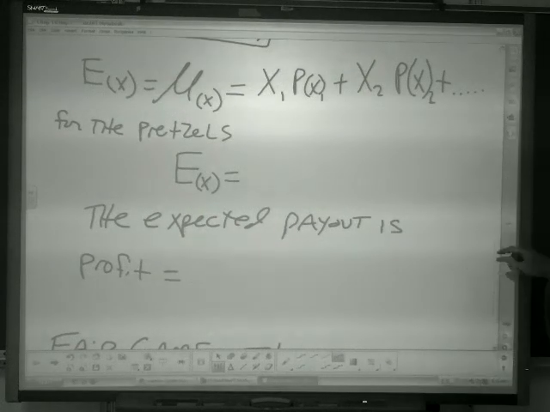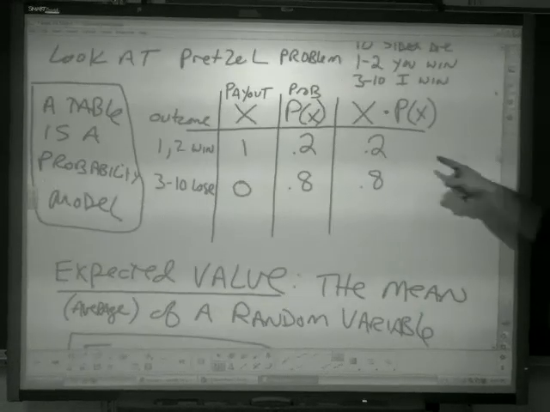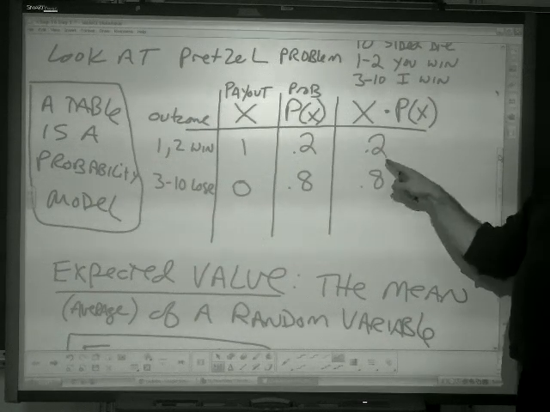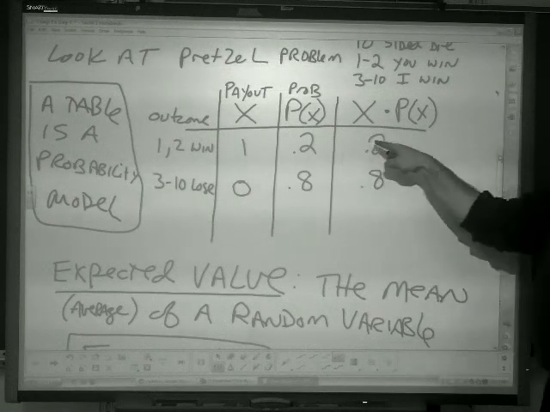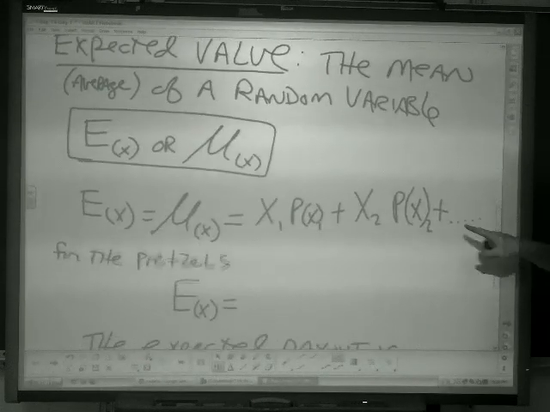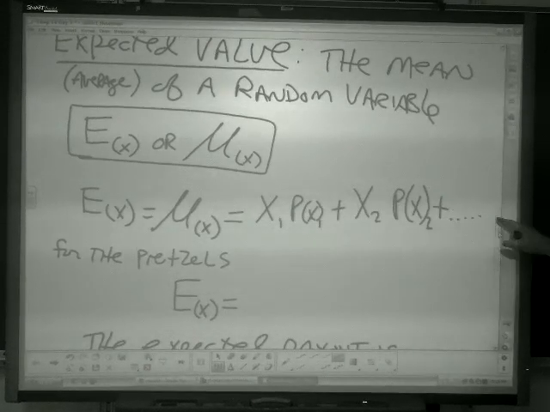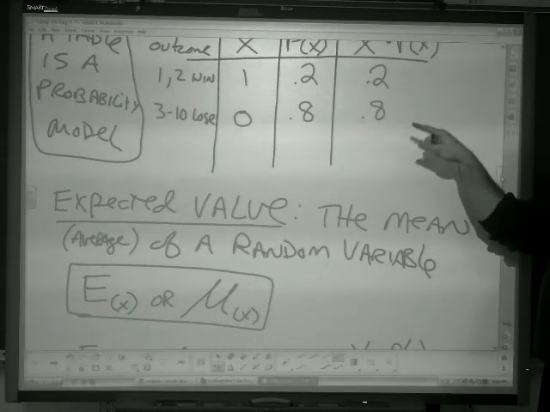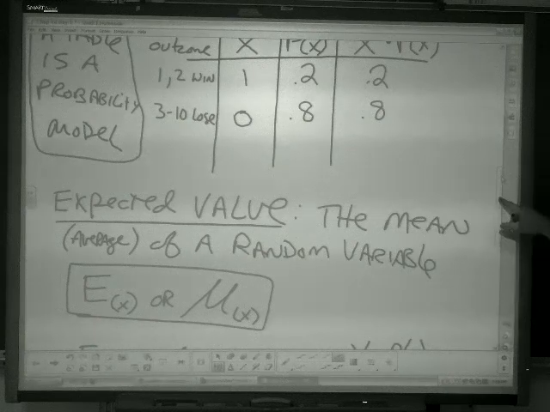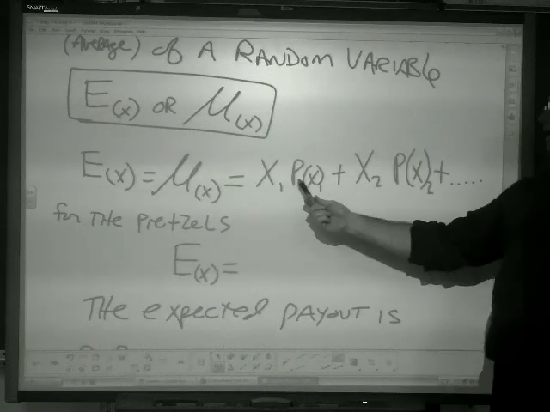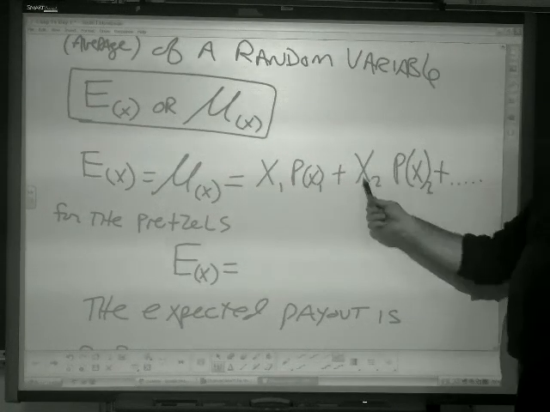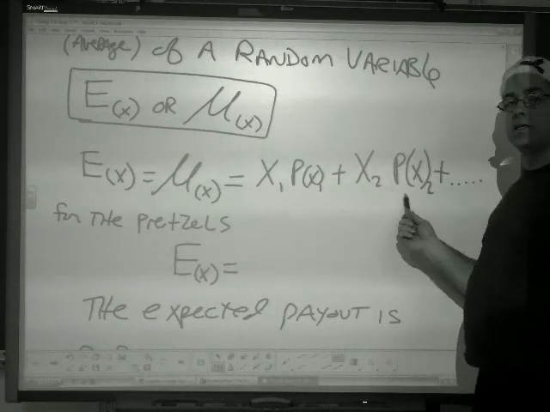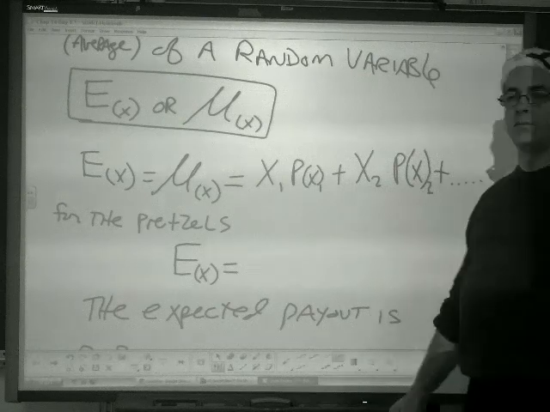Sub 1 means the first one. This would be x sub 1 times p of x sub 1, the first piece, plus the next one, plus all the way until you're done with all of your table. So this formula says, let's take each of these products and add them together. Whatever that sum is, that's expected value.